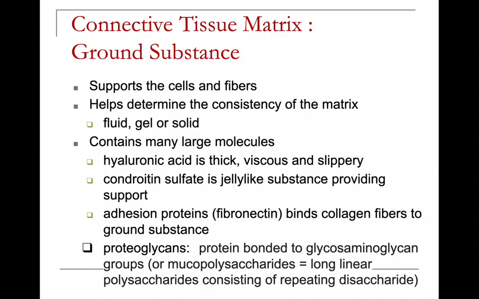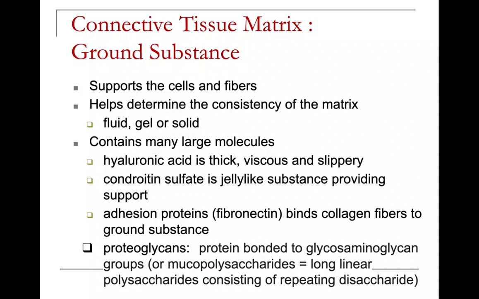When we look at the matrix, you've got a ground substance that supports the cells and fibers. It helps determine the consistency of the matrix. The matrix can be fluid, gelatinous, or solid. It'll have a lot of large molecules. Hyaluronic acid is a thick, viscous, slippery substance.